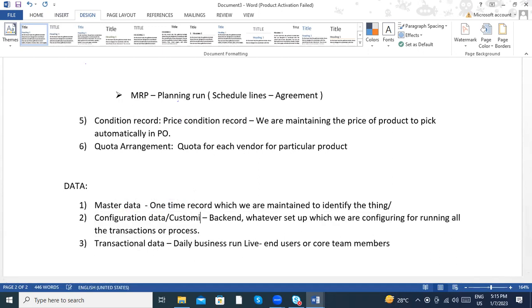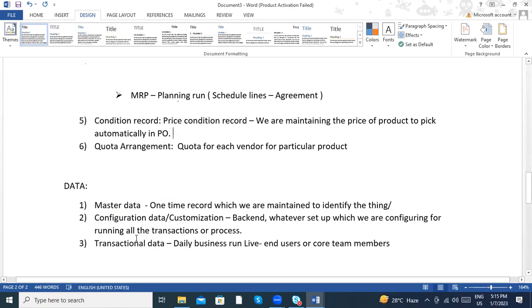Customization means beyond the standard. If you want to go beyond the standard with customization, we define some Z tables, Z customized ones. It depends on the client requirement. That is also customization data, and this we are performing. And we don't have access to transaction data in the production system.